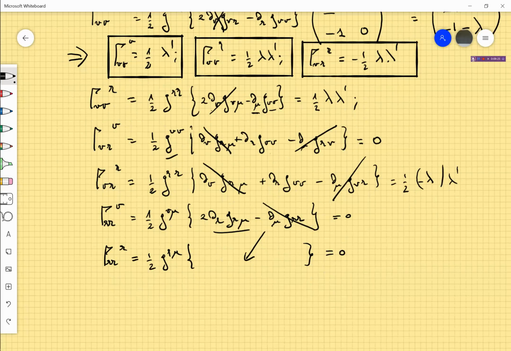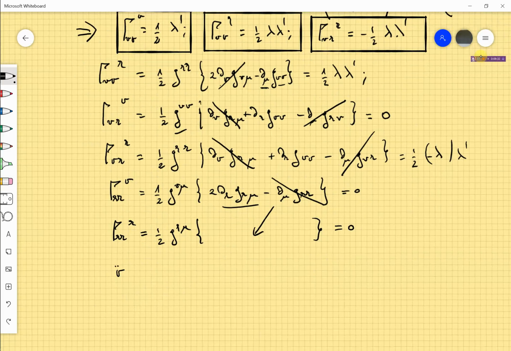Then the geodesic equations will be well, with an index v upstairs, there is only one. That gives us lambda prime, and then v dot square, this has to be 0. Then with an index up, there are 2 terms.